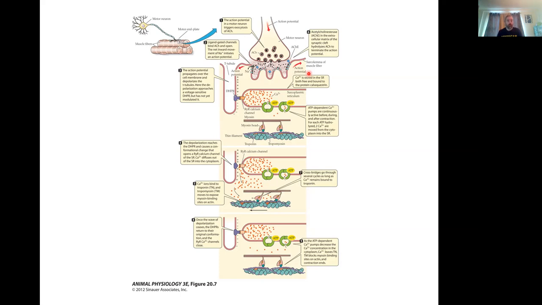And so the neurotransmitter, in this case acetylcholine, crosses the synaptic cleft and binds to receptors on the muscle fiber. From there, we're going to generate an action potential, with electrical energy traveling in this direction and this direction away from the axon terminal.